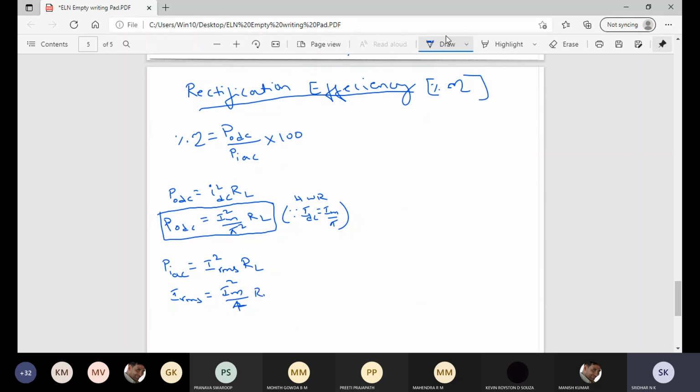So this is RL, because IRMS is equal to Im by 2. This is for a half-wave rectifier, right?